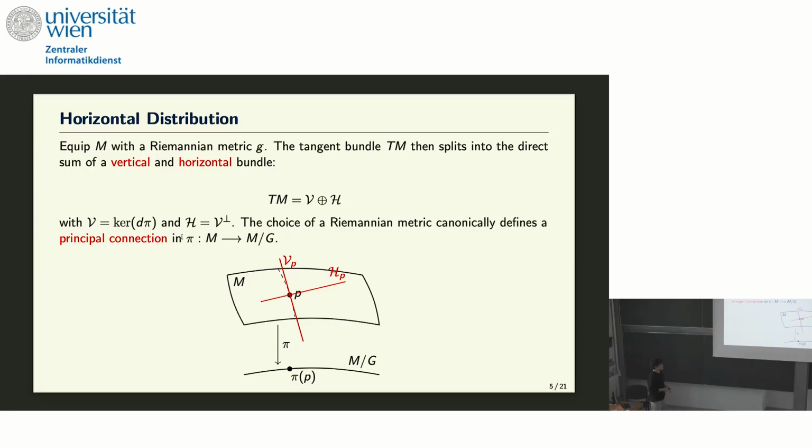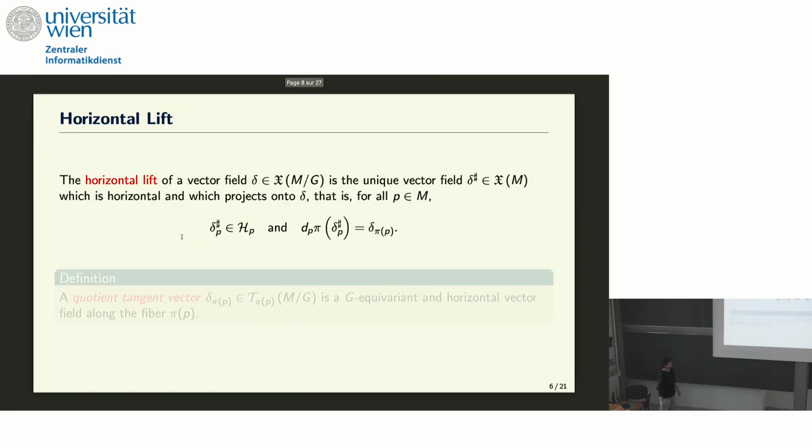Now, if I endow my manifold with a Riemannian metric, it gives me a canonical way of splitting into a vertical part and a horizontal part. So it gives me a distribution of horizontal spaces, and this is simply called in Riemannian geometry a principal connection.